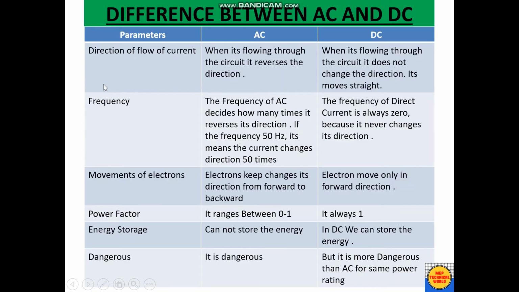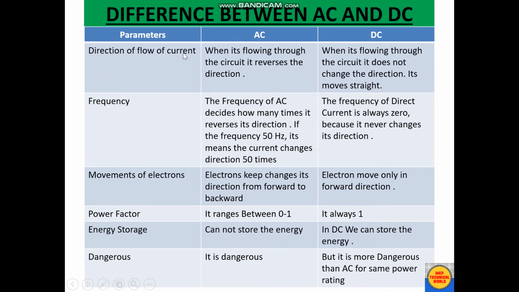Now let's talk about the difference between alternating current and direct current. There are three columns I have made: one column has the parameter, another AC and the other DC. Now let's discuss each parameter step by step.